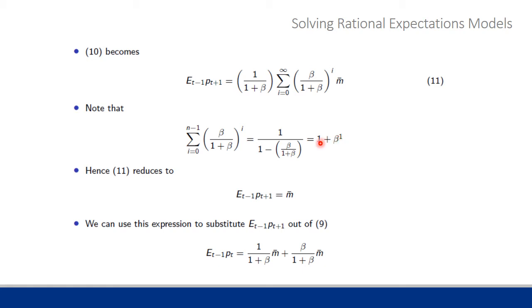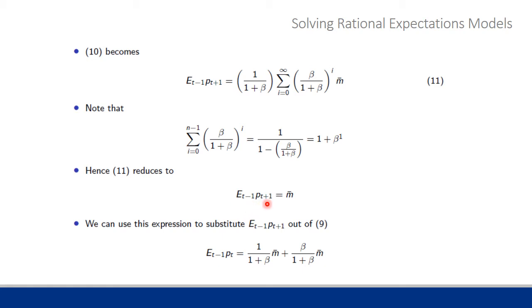Now replacing our summation with 1 plus beta, our solution for E_t P_{t+1} just becomes equal to m bar. If this is equal to 1 plus beta, then 1 over 1 plus beta times 1 plus beta is just 1 times m bar. And our solution for E_t P_{t+1} is here. Now we can use the solution for E_t P_{t+1} by substituting this into equation 9.